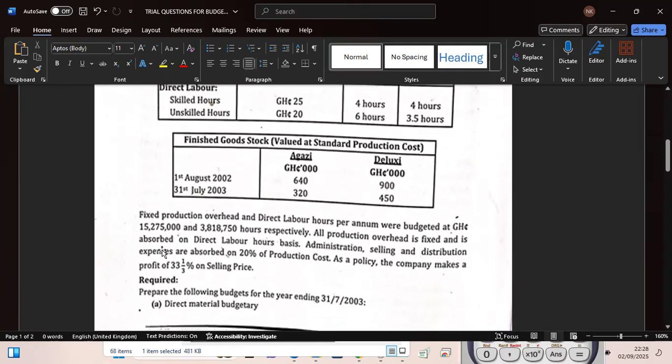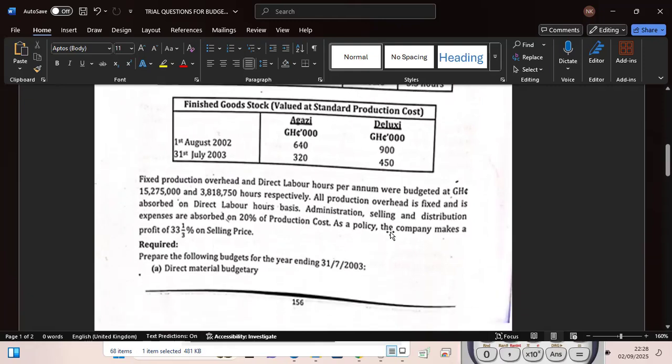Now, administration, selling and distribution expenses are absorbed on 20% of production cost, right? So meaning that when we get a production cost, 20% of it is going to be our selling and distribution expense. Then as a policy, the company makes profit of 33 1/3% on selling price.